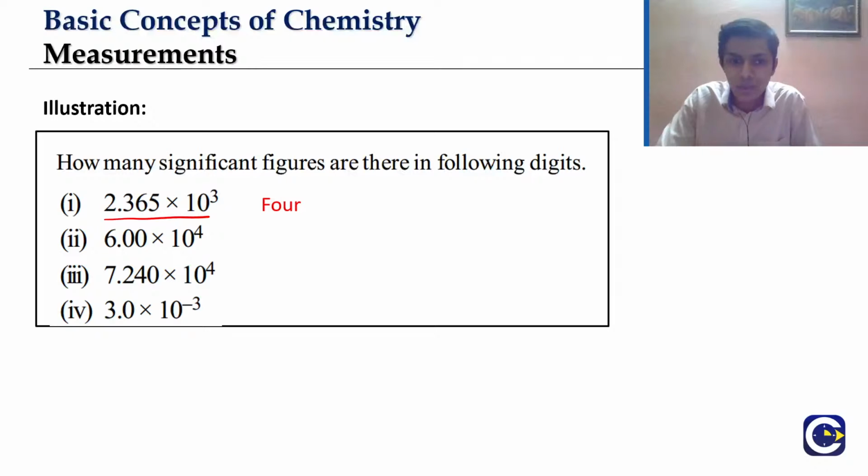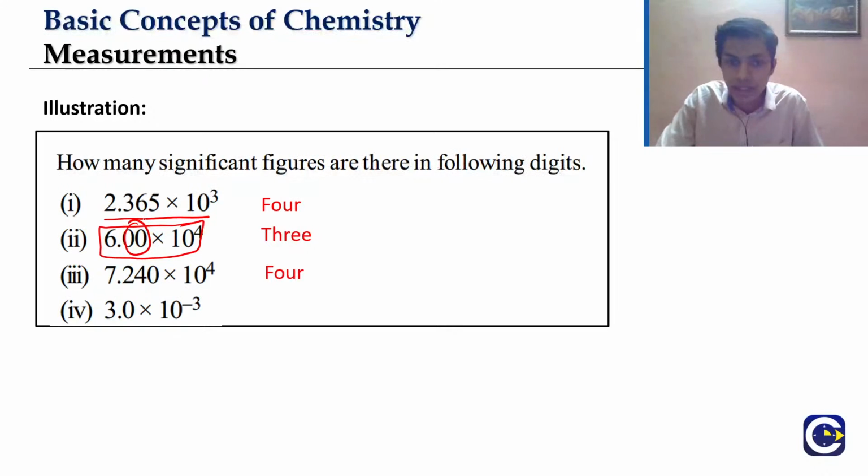6.00 into 10 power 4. How many significant figures? 7.240, and second one, 6.00 into 10 power 4, it has 3 significant figures. Why? Because in case of exponents, these zeros also become significant.